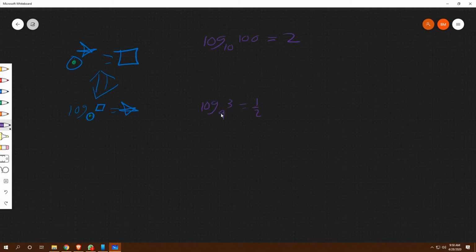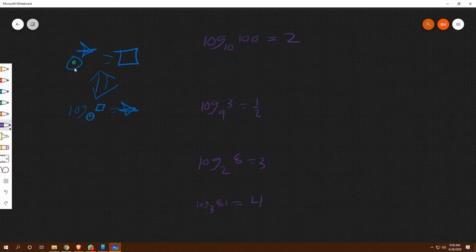So this base is a subscript of the log. I'm just going to write the rest of these. Log base 2 of 8 equals 3. Then log base 3 of 81 equals 4. There's a few more examples I'll get to later.